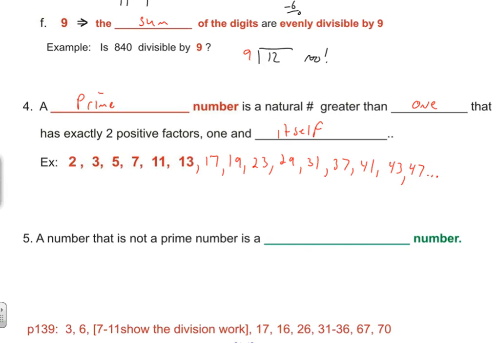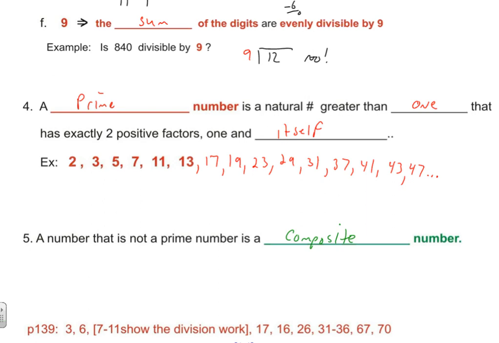That leaves us with the last thing today. A number that is not a prime number is a, do you remember? Well, it was the title of the lesson. It's a composite number. A composite means it's made up of 2 or more things. So a composite number is made up of 2 or more factors. Any number that is not prime is composite.